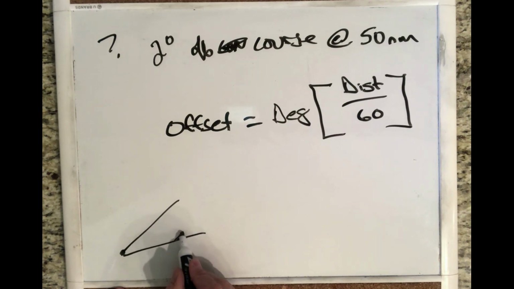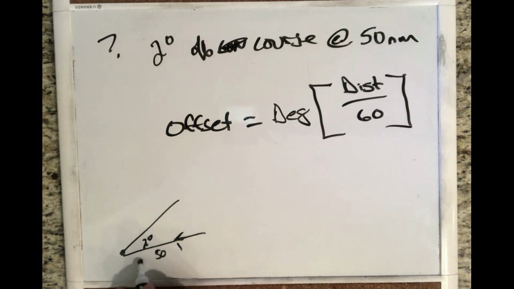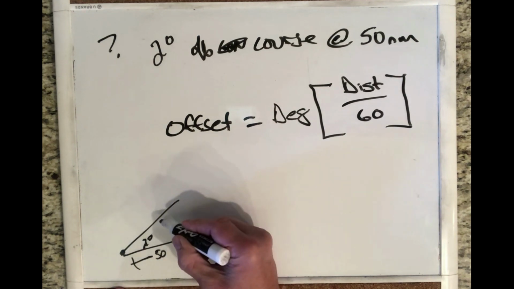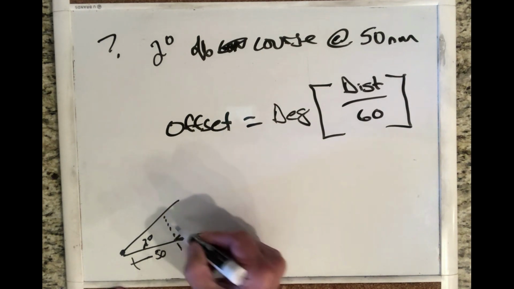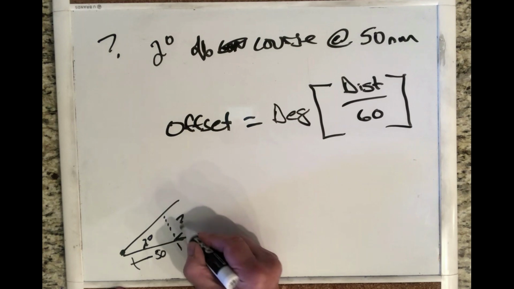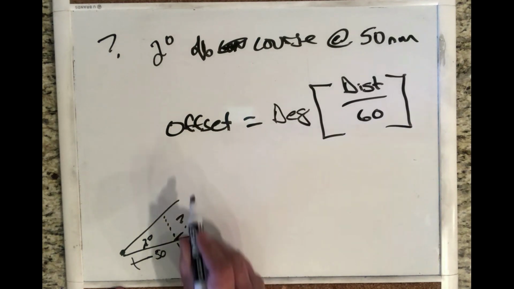Here we are, flying inbound or outbound to the station. It doesn't matter. There's 2 degrees from the radial that we're on to the radial that we want to be on. And we are currently at a distance of 50 nautical miles. The question is, how far laterally or straight line distance are we? In other words, what's our offset?